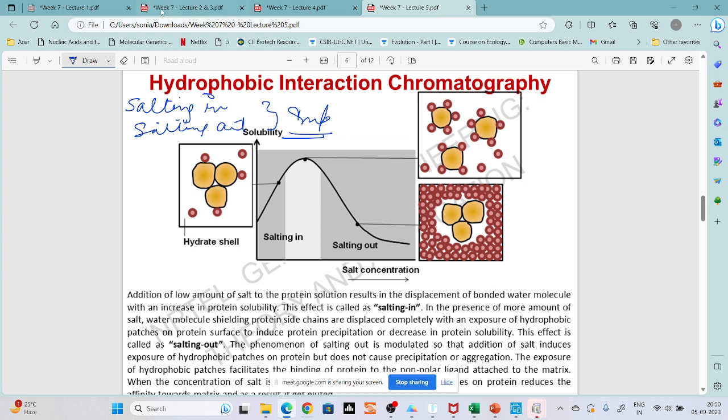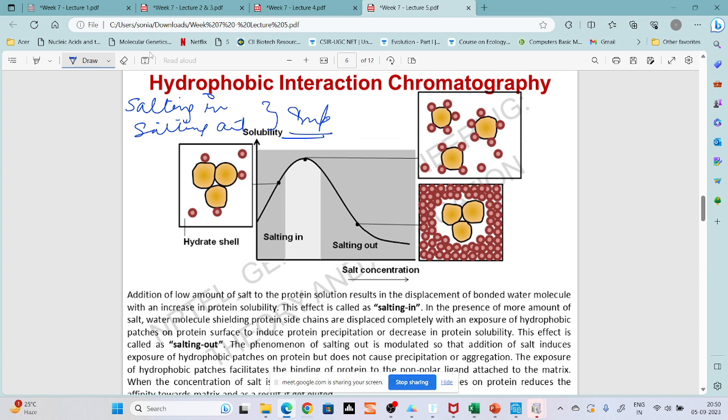Now, we are talking about salting in and salting out. So what is salting in? Addition of a low amount of salt to the protein results in the displacement of bonded water molecules with an increased protein solubility. This effect is called salting in. When you are adding salt, the hydration shell gets broken.